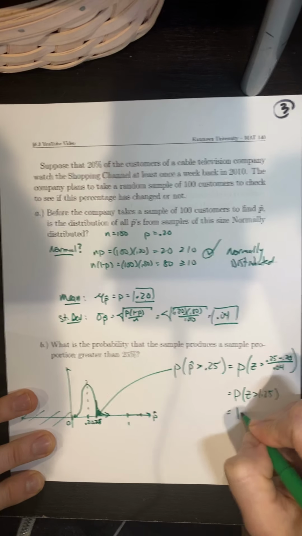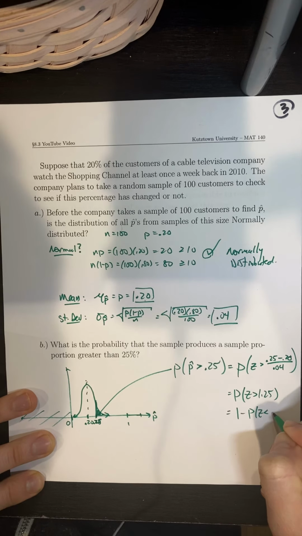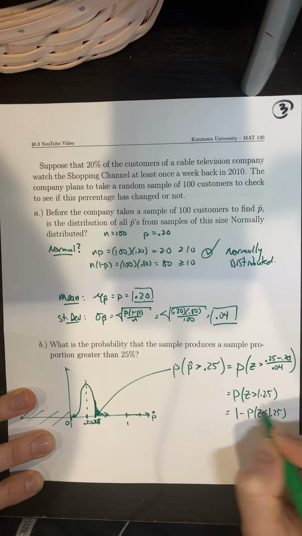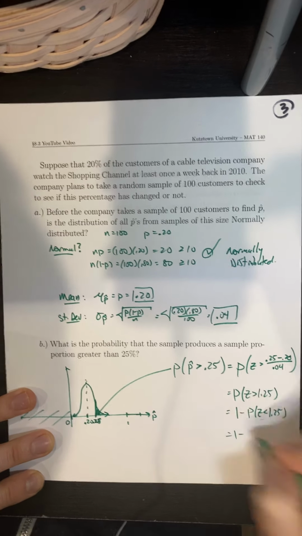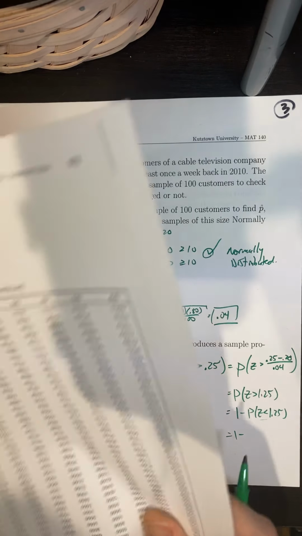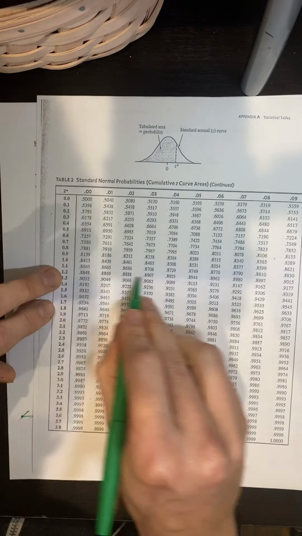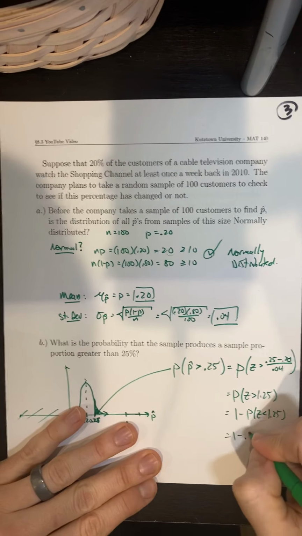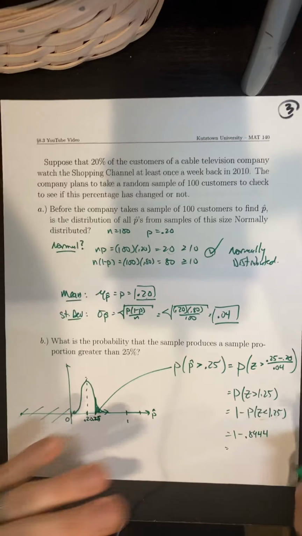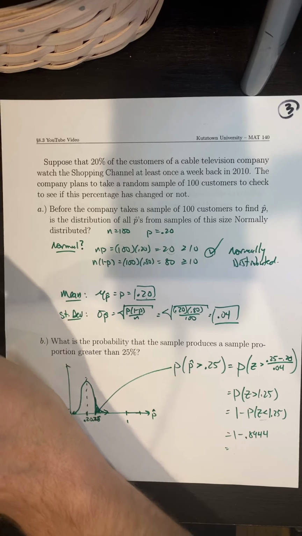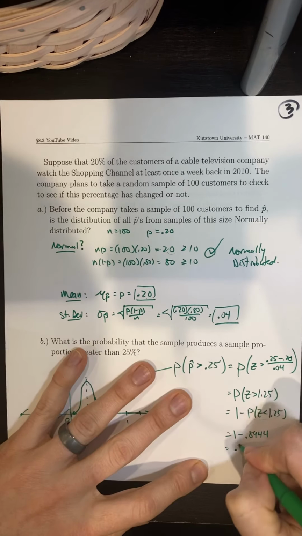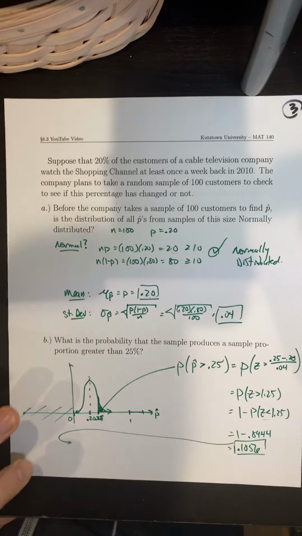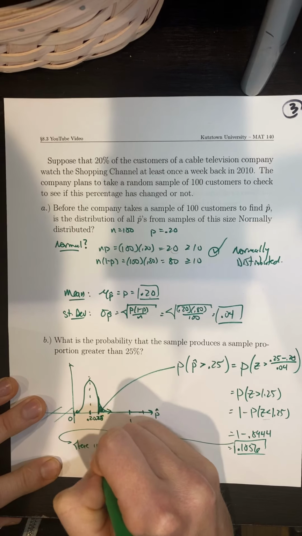So to find this probability, I have to do 1 minus the probability that the z value is less than 1.25, because in table 2, this is the value that I get. I don't get the ones greater. So I look this up in table 2. I get 1.25 is 0.8944. Subtract that from 1, and I get 0.1056.